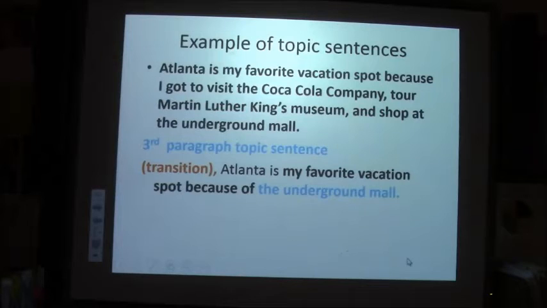Now, your students probably came up with transitions like most importantly, last but not least, finally, my most important reason, moreover, equally important, to me enjoying my time in Atlanta was my trip to the Underground Mall.